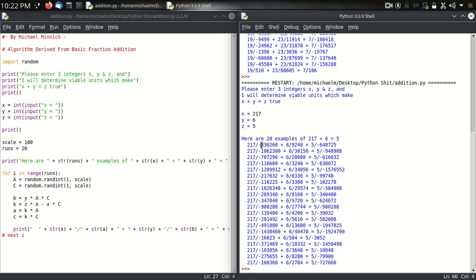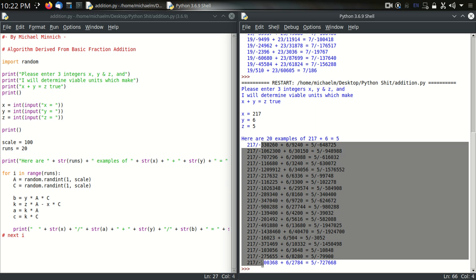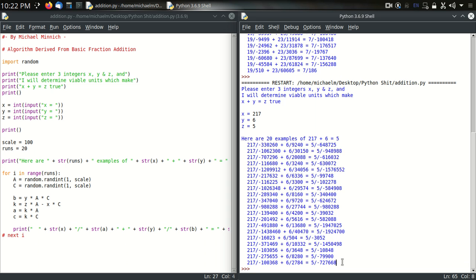So these are all per negative unit. It doesn't necessarily have to work out that way. So again, there are some biases in this algorithm, but it works. So there you go.